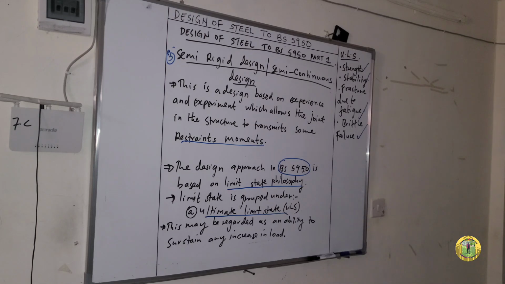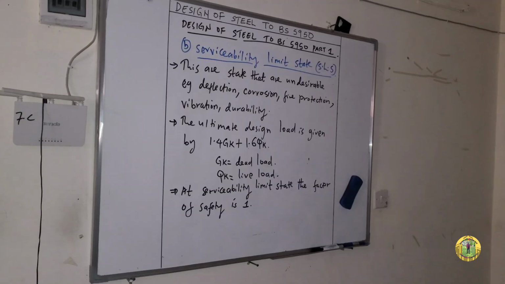Fatigue failure could occur in a structure that is repeatedly subjected to rapid reversal of stress or application of cyclic loads. And then you have brittle failure. Sudden failure should not occur.